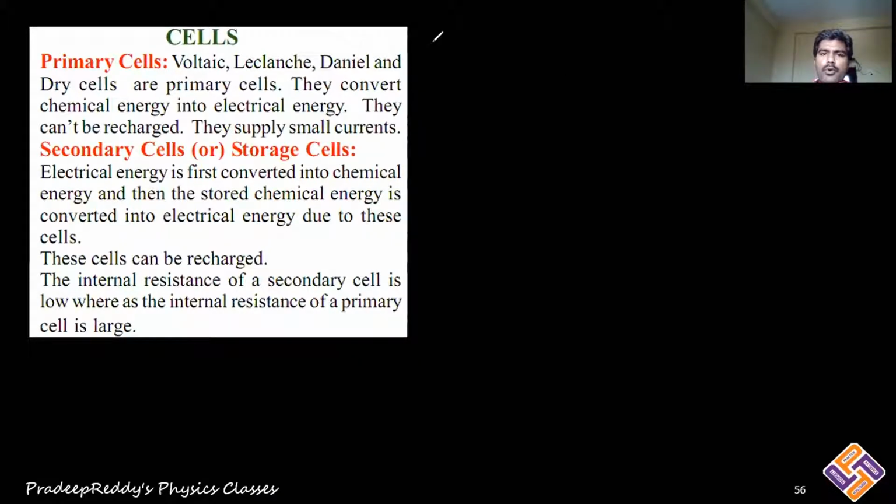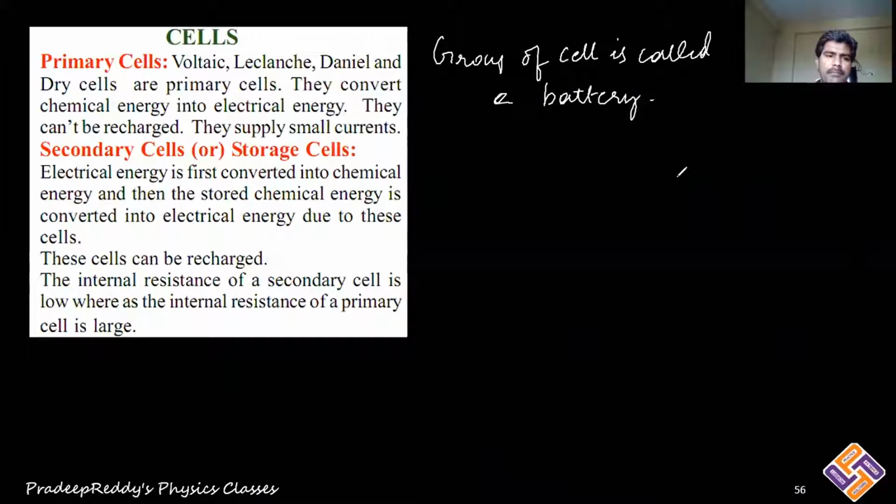Now, a group of cells is called a battery. Generally, a cell has a symbol with positive and negative, and it offers some electromotive force.